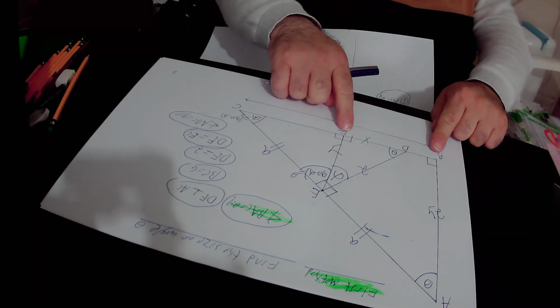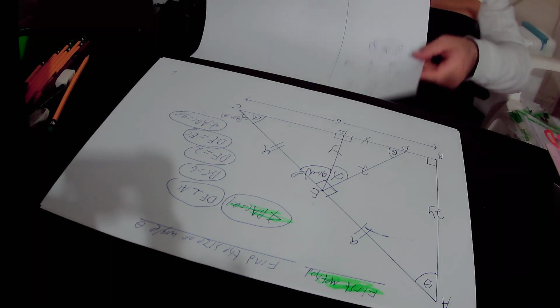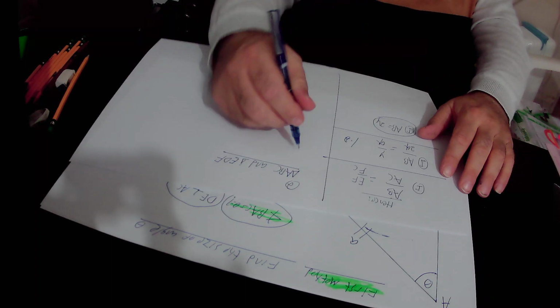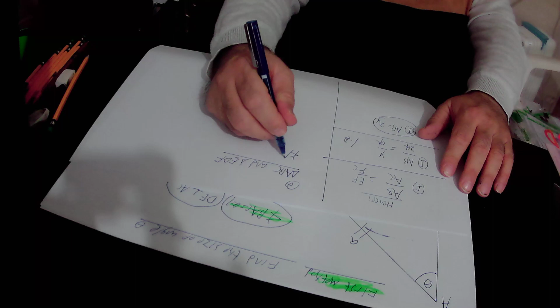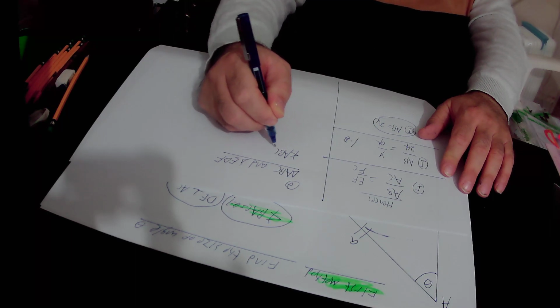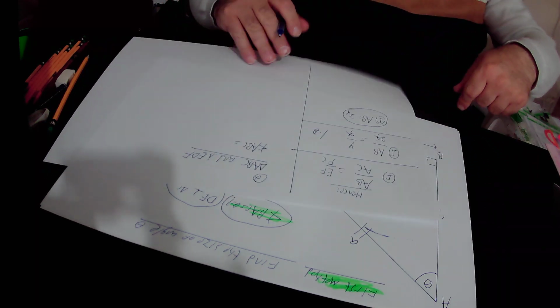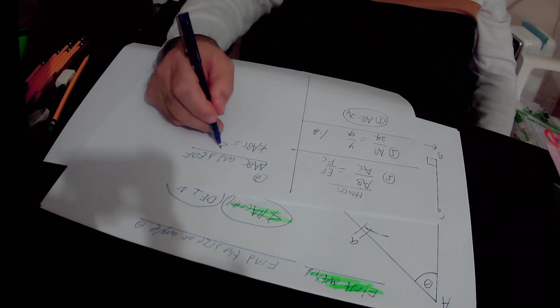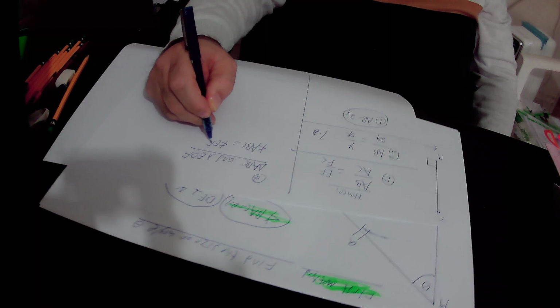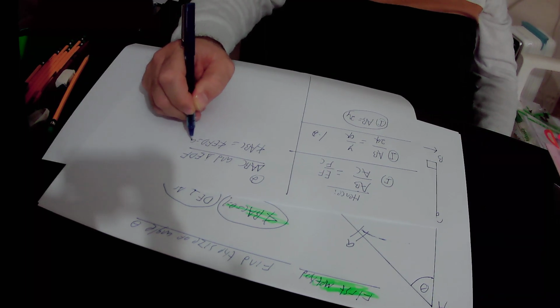First of all, those two angles are equal to each other, they are both equal to 90 degrees. So angle ABC is equal to angle EFD, and both angles are equal to 90 degrees. They are right angles.